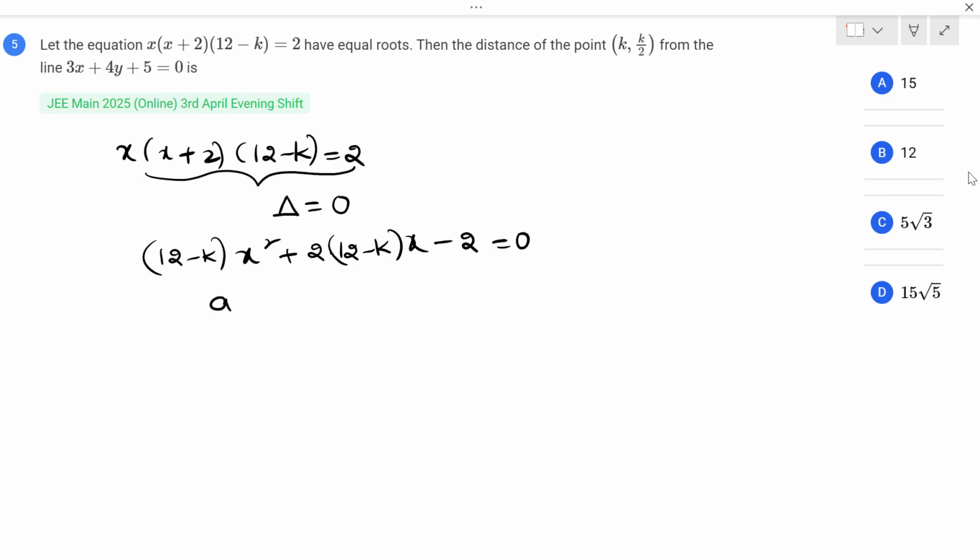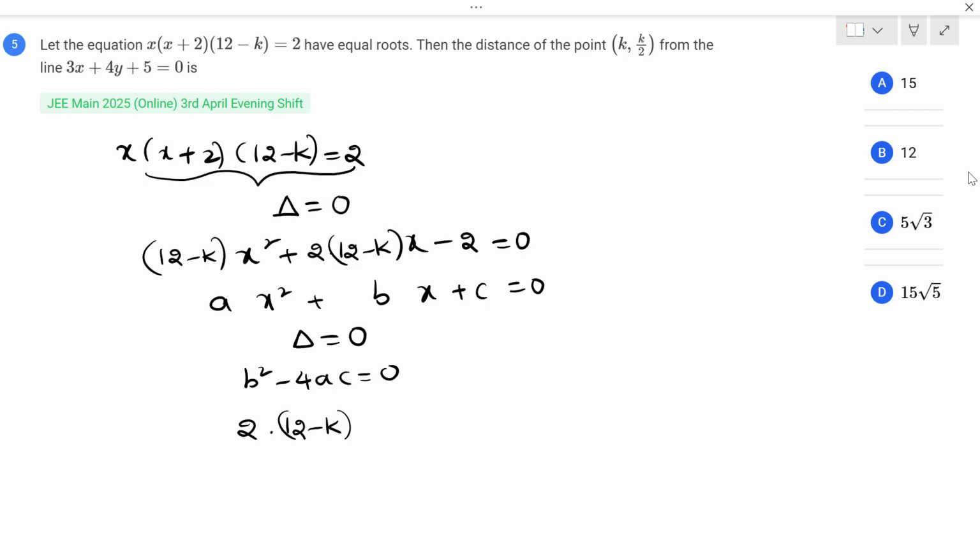So if you compare with ax square plus bx plus c equal to 0, since he has given equal roots, discriminant has to be 0. So that is b square minus 4ac has to be 0. What is b? That is 2 into 12 minus k whole square minus 4. A is nothing but 12 minus k. C is nothing but minus 2 equal to 0.